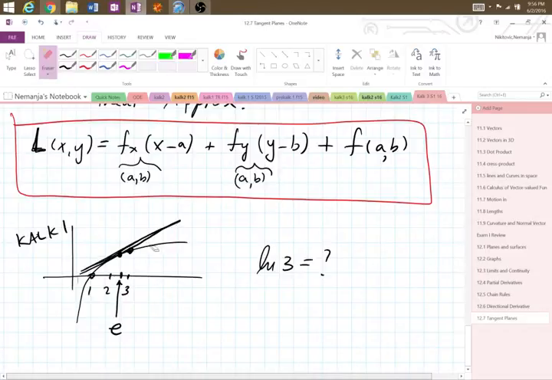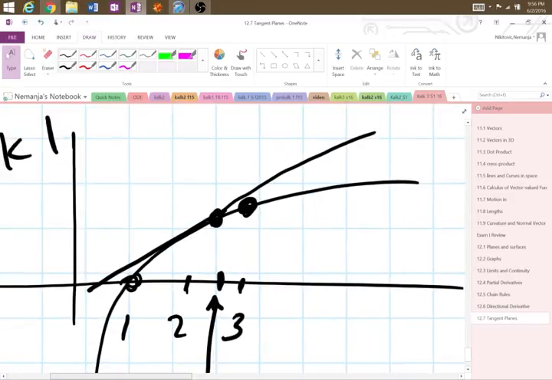The y value for the tangent line is going to be almost the same as the y value for the original function. See? Almost the same. So this is the tangent line, and this is the function.